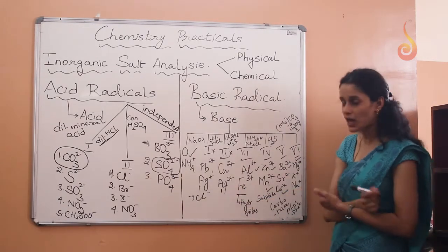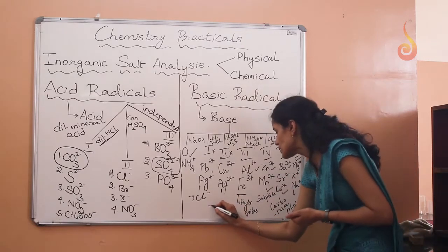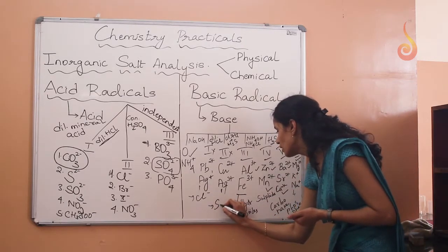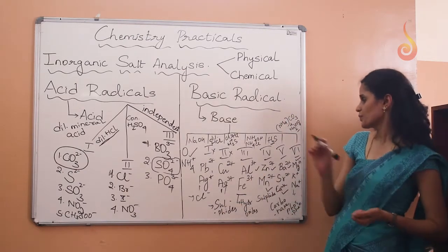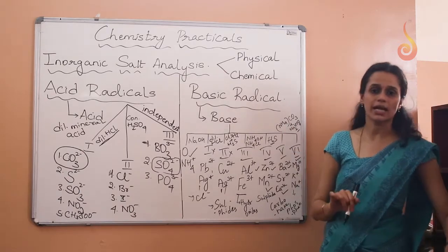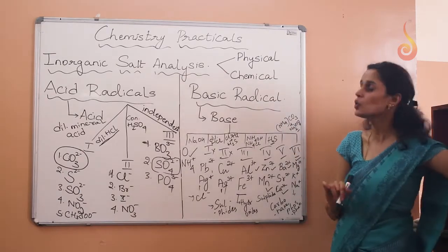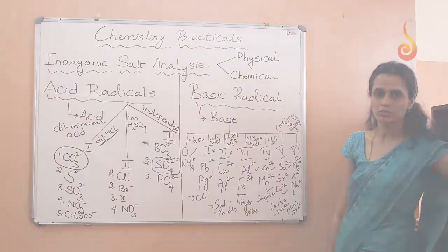And in the case of the second group, the precipitates are nothing but sulfides. So this is how basic radicals are differentiated into 7 groups.